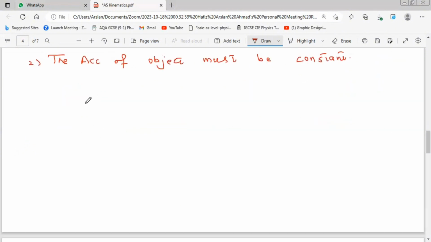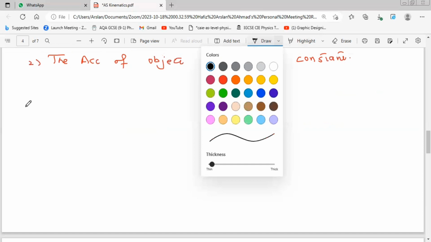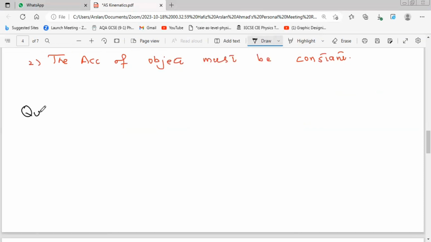Now we will discuss a topical question related to these equations of motion. So the question is, let's suppose a body is moving in this direction with 40 meters per second speed.